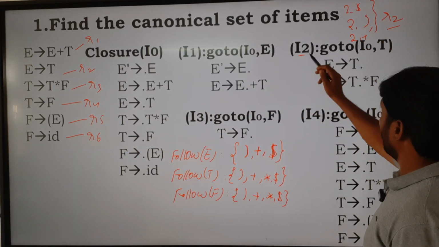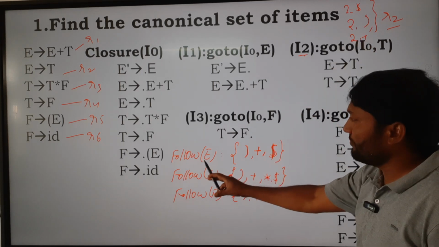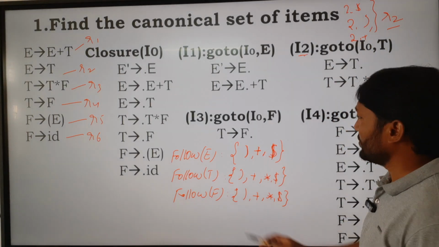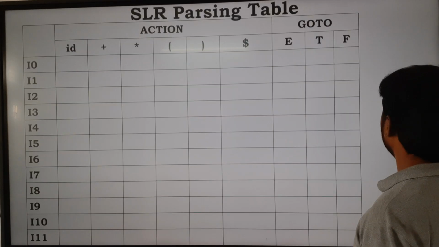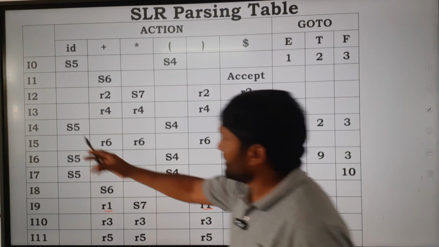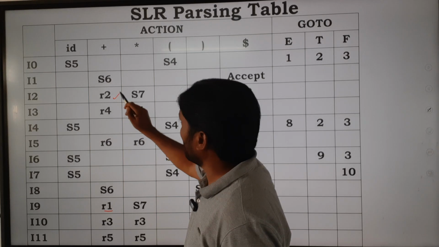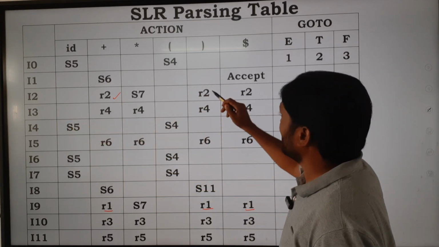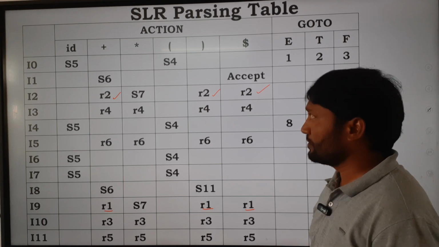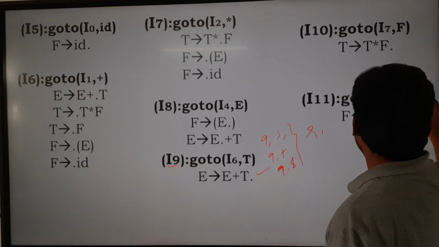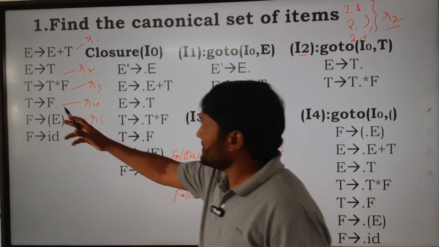That is why all the follow of E in row 2 can be filled with R2. So R2 is over.